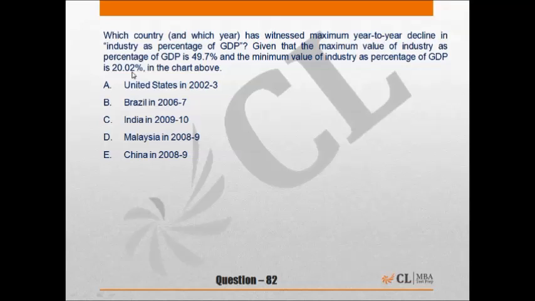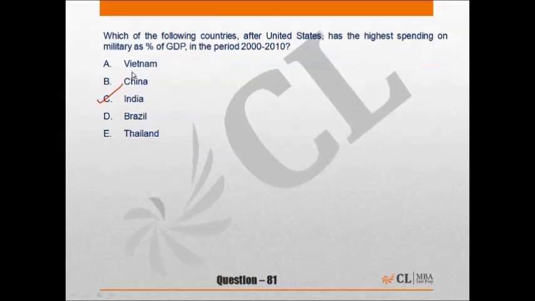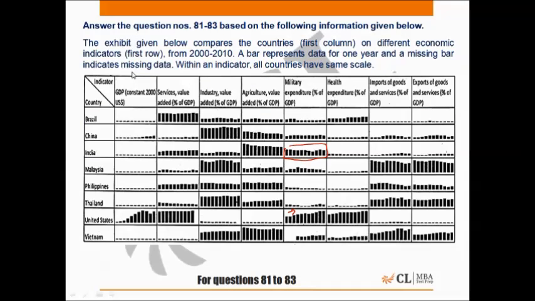So we have to find the year on year decline in industry as a percentage of GDP for the country that witnessed the maximum decline, and we need to check this for the given 5 countries during the given period.